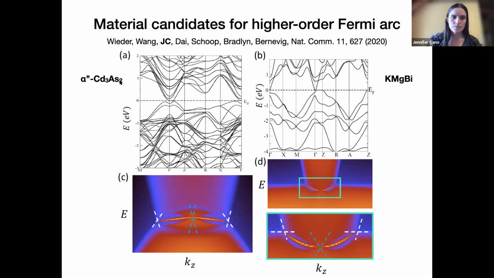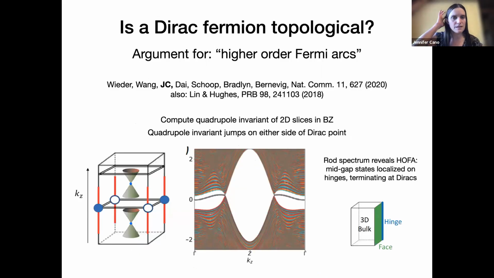Great. Okay, good. So I guess the other thing I don't think I said explicitly is that this invariant is directly analogous to Weyl fermions. In Weyl fermions, we talked about how you can take a Chern number of 2D planes and the Chern number is going to jump as you cross the Weyl point.